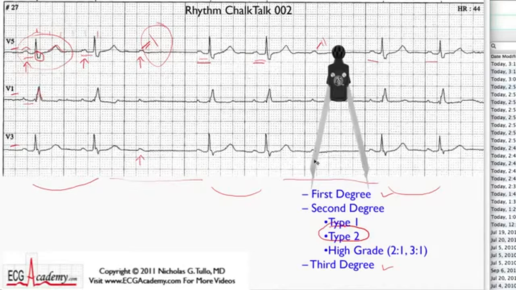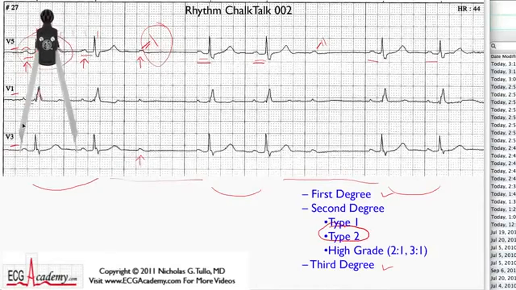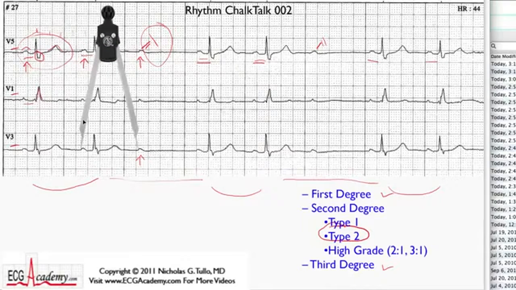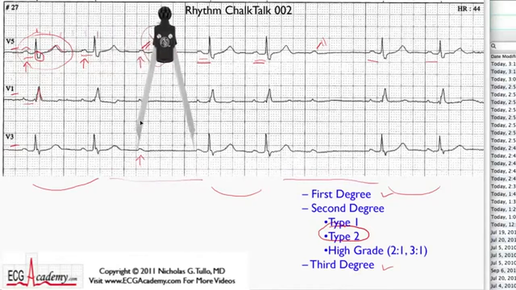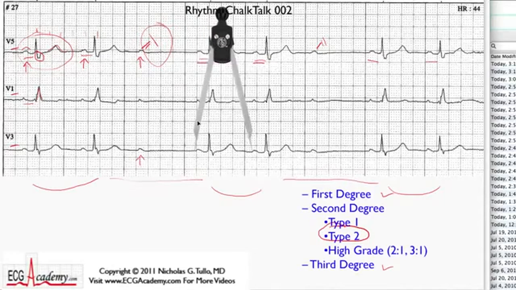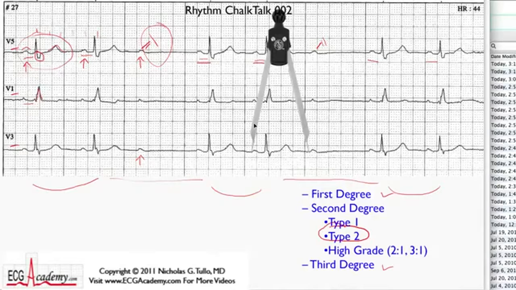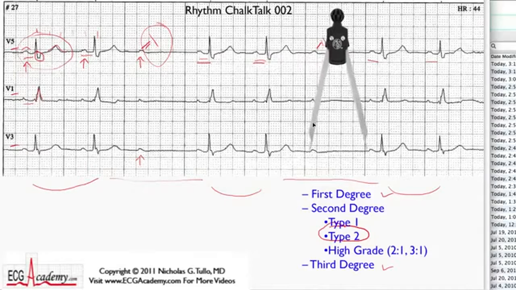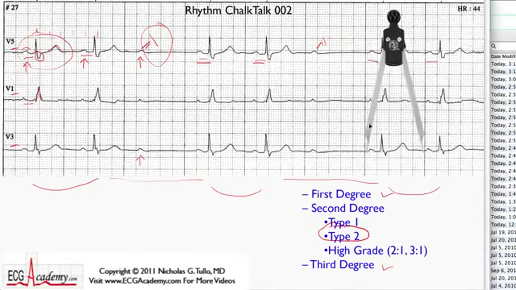So if you grab your calipers and move them over to the P waves, you look at the P to P interval, and sure enough, this P does occur on time. In fact, all the P waves appear to be regular, and that is one of the requirements to say that second degree AV block is present: the P to P interval should be regular.